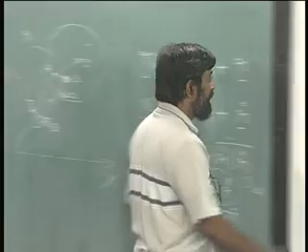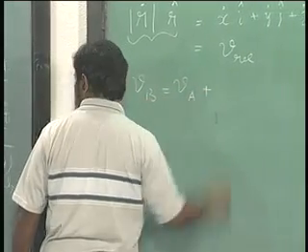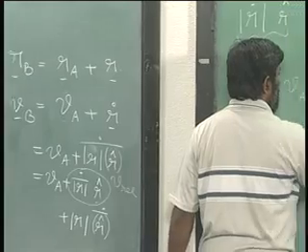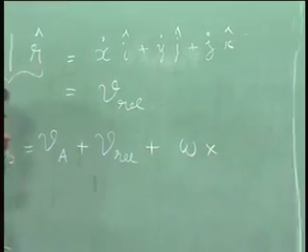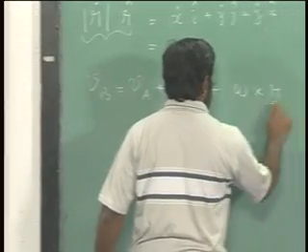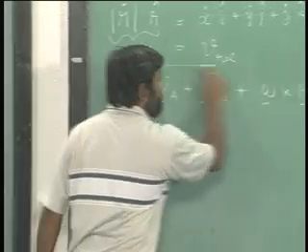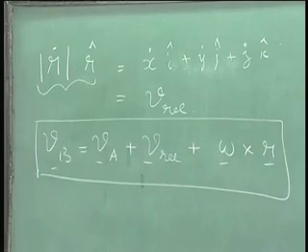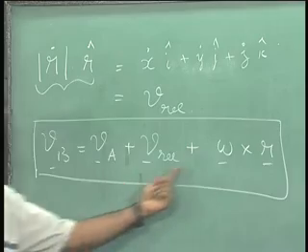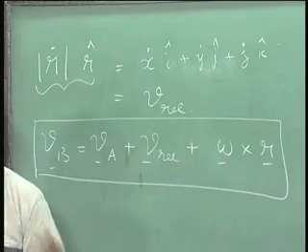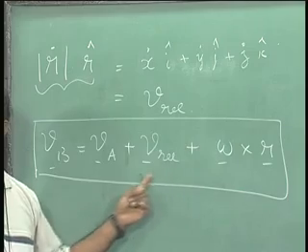So, using that, I will get V B equals V A plus V relative plus omega cross R. That is it. As you can see, if I do not have V relative, it is nothing but V B equals V A plus omega cross R, which is something that we already knew for a rigid body. What is added to that is V relative.